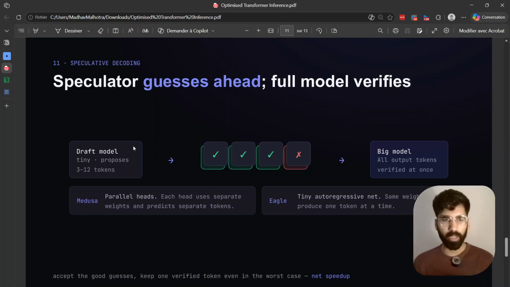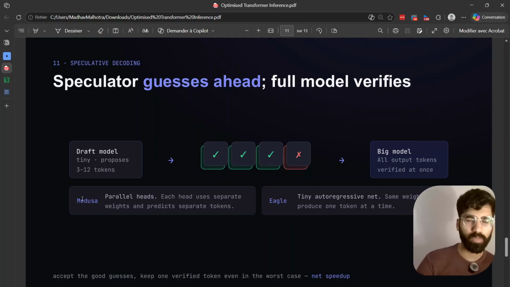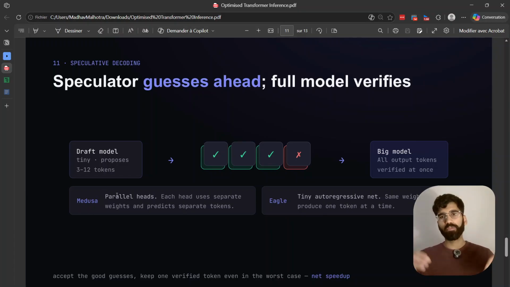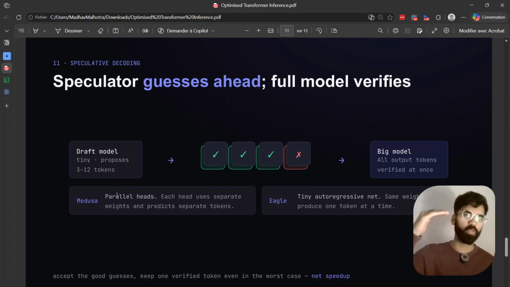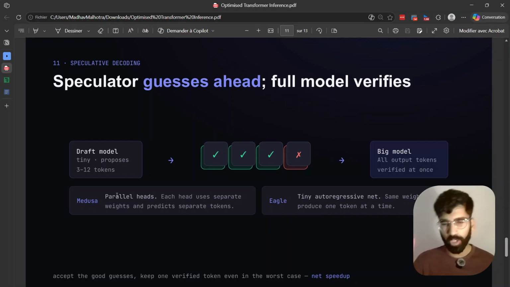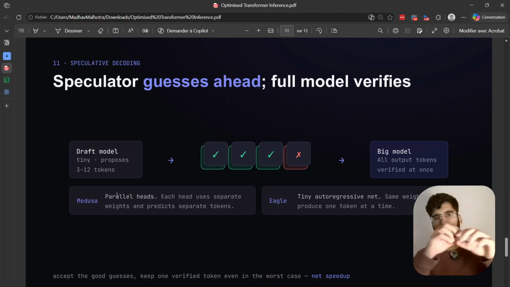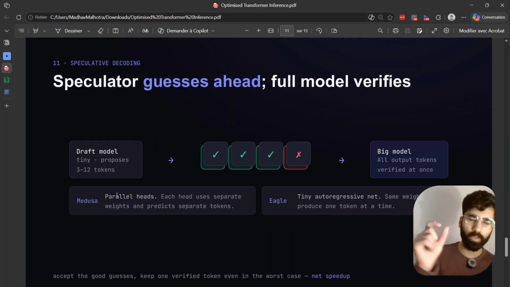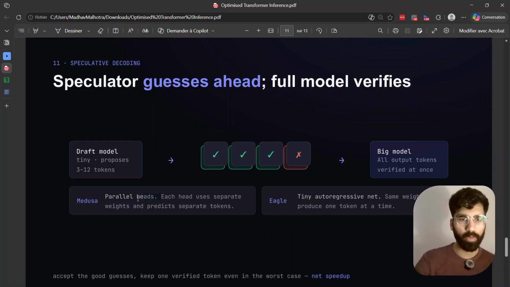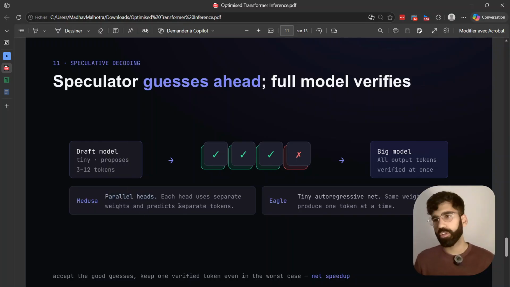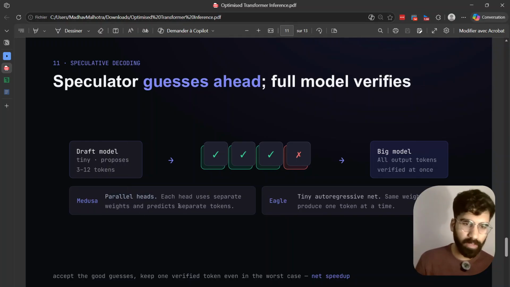Now, there are a few different ways to actually formulate this in a little more detail. There is an older architecture which is simpler. It's called the Medusa architecture. This is where you take all of the computation of the big model, and just before you get to the last decoder layer of the transformer, instead of doing the conventional mapping so that you can go from that last decoder output to a single token, we'll actually train multiple heads, Medusa heads, which are just simple, let's say tiny, neural nets in this case.